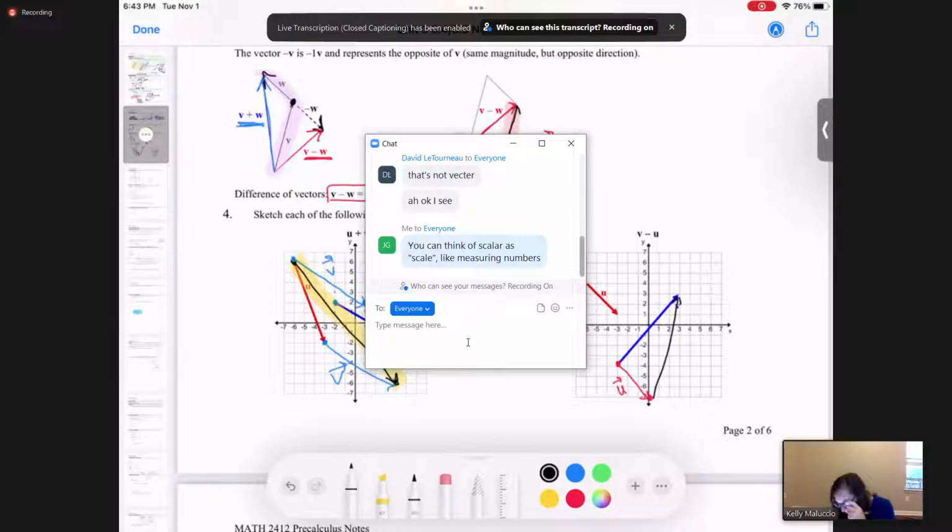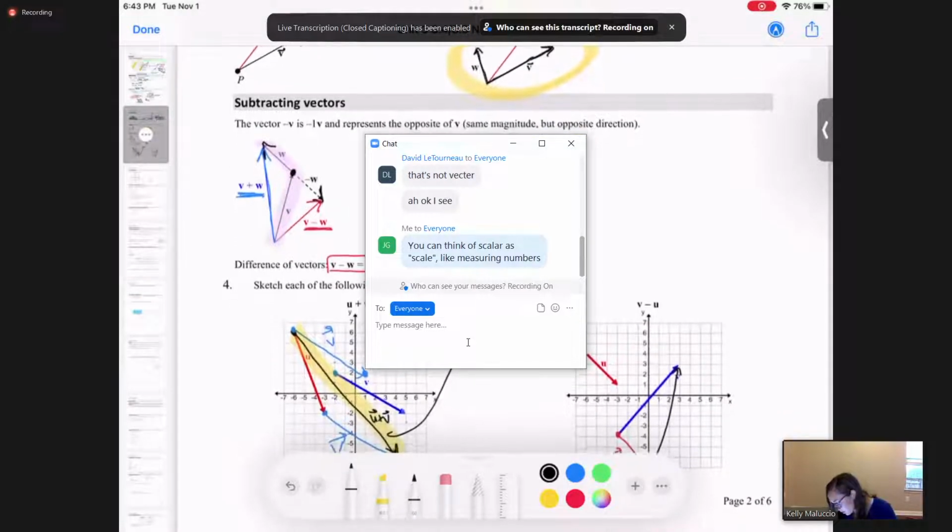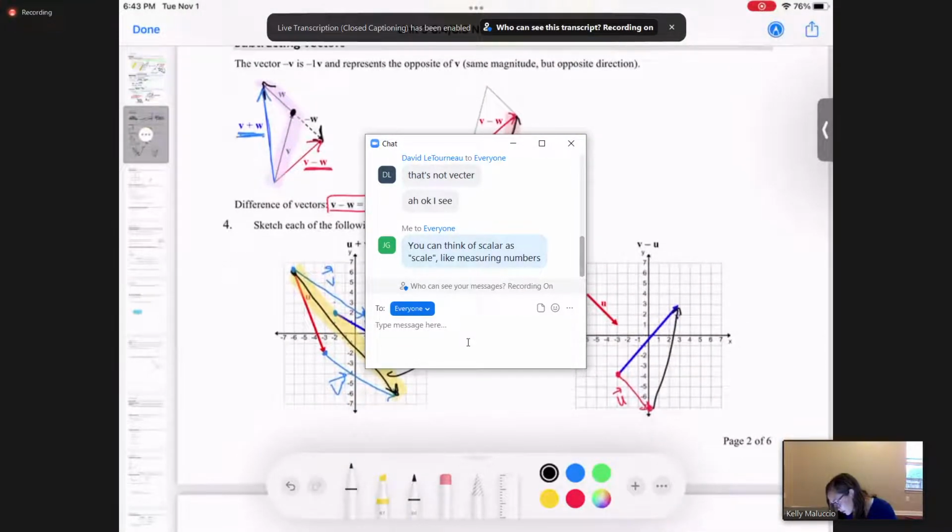Remember, adding, we would start at the end point. In this case maybe it doesn't matter, but this would be V plus U, the black line there. But if we want minus, we have a few options.